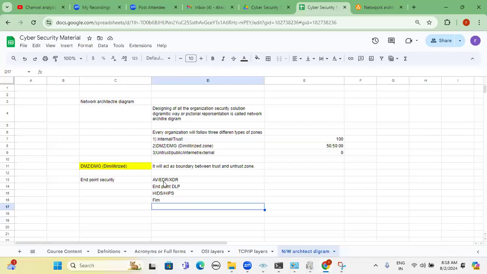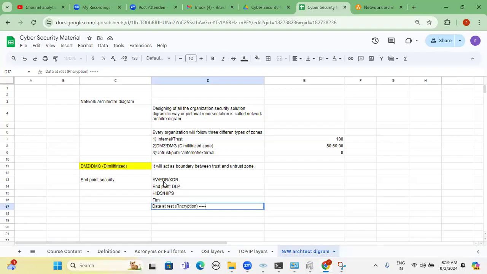Next one is data at rest. The data at rest solution, we can call it the encryption part. Here, data is not moving here and there, unless we are carrying away our laptop; a server will not move and a database will not move. So disk encryption or volume encryption will fall under data at rest.